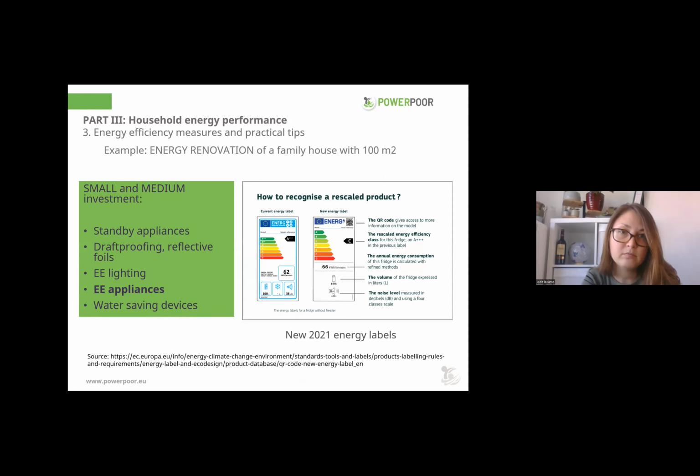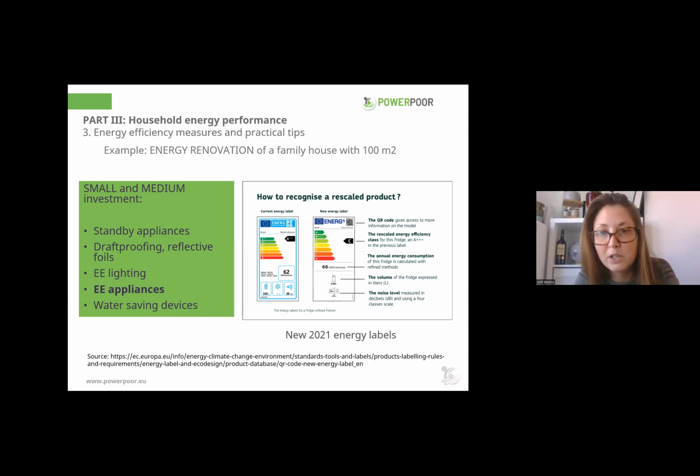Going to the appliances. We mentioned that this standby option could be switched off, but going further, you should also check the different labels that you see on your appliance. In this icon, you see what you should look for when you purchase a new product.